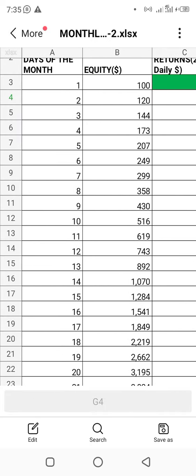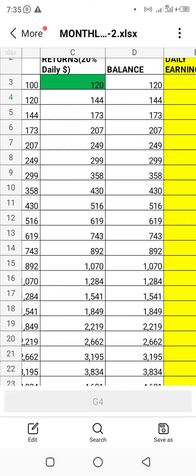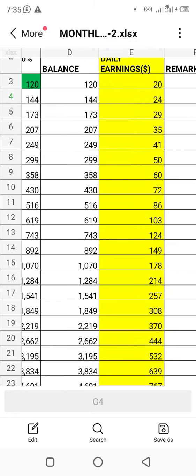At day 10, we are already at $516, and our equity balance will be $619 at the end of the day. That means at day 10, our profit is about $103.